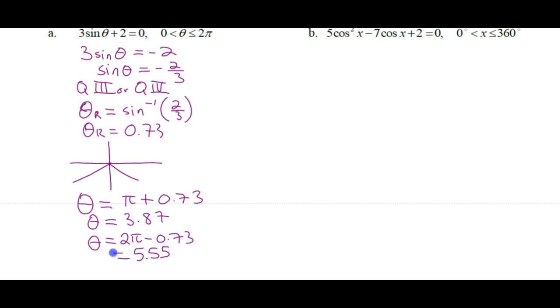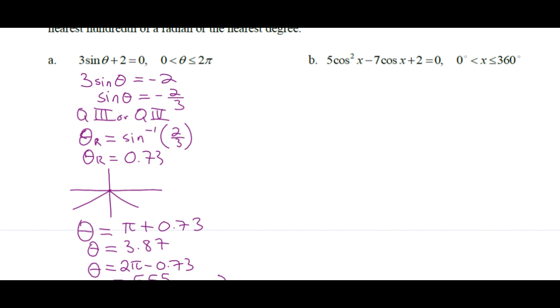Okay, so that's our two angles. Theta could be the set consisting of 3.87, 5.55. You can write rads after that if you like, or not. Remember, the one thing to really watch out for is if it's in degrees, make sure there's a degree symbol.